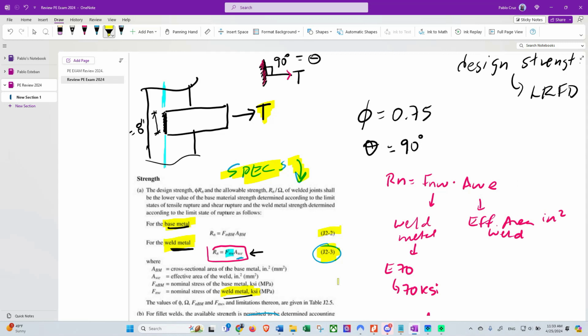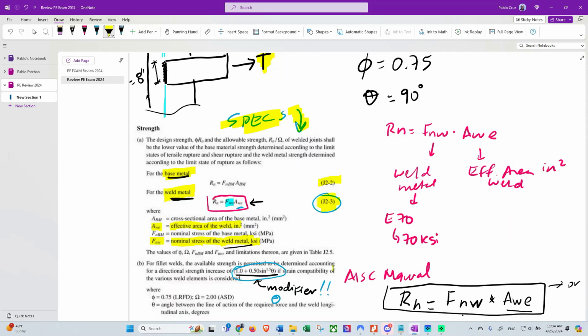And this A is just the effective area of the weld in square inches. So basically those are the two values.